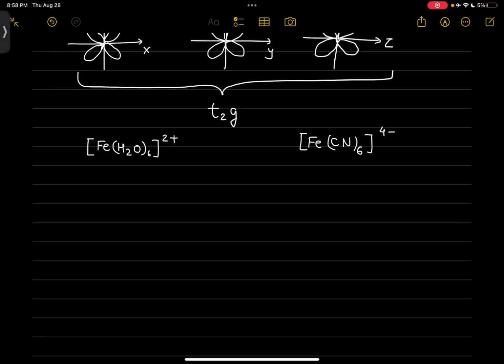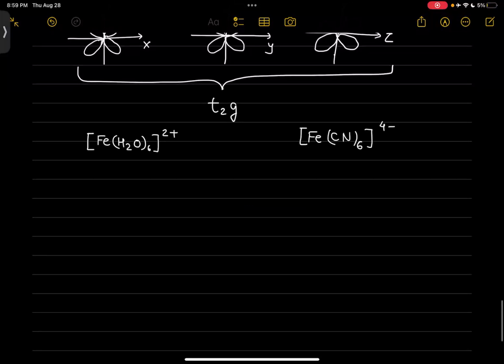Got it? Just for the sake of comparison, we will look at how the energy of the d orbitals is going to be affected by the nature of the ligands. This is also Fe2+.